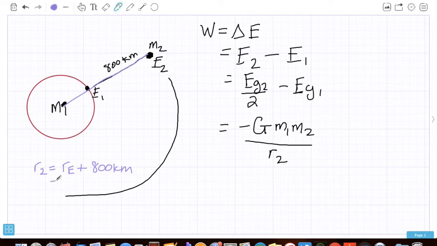Now the radius of the Earth in meters is 6.38 times 10 to the 6 meters, and then we have to convert 800 kilometers into meters, so it becomes 800,000 meters. So that adds up to be 7,180,000 meters.